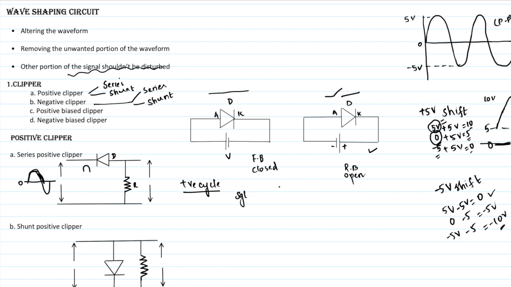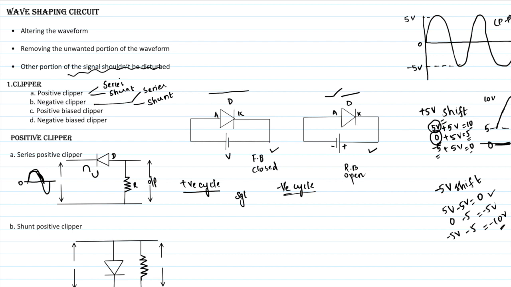Okay, for negative cycle, now let's pass the negative cycle. When negative is given to the diode's cathode, the diode will become closed. So when the diode is closed, this entire negative signal will pass through the diode and then to the resistor where we have connected the output.